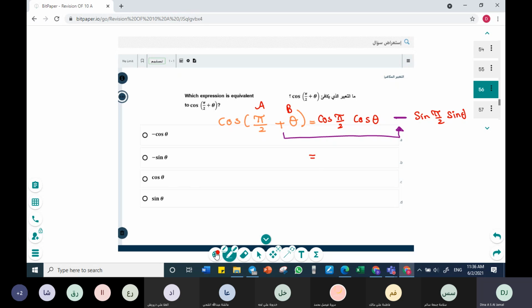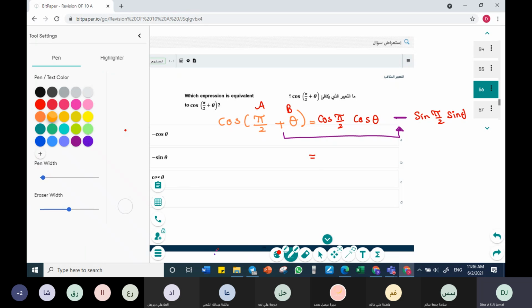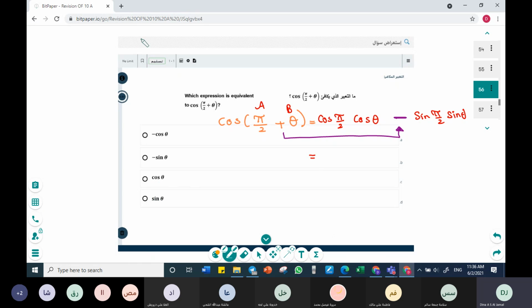And now let's find it using your calculator. And please remember to use your calculator in radians if it is required. So what is cosine of pi over 2? Yes, ladies? What is my cosine? 0. Excellent.